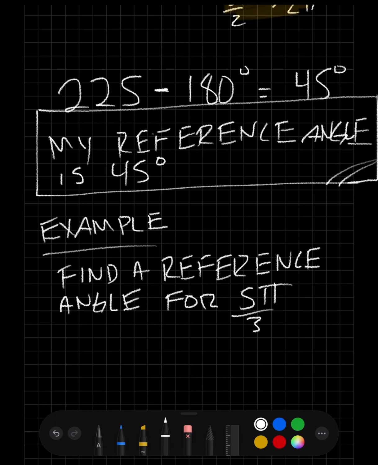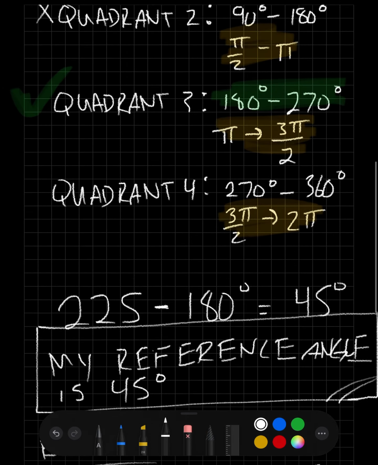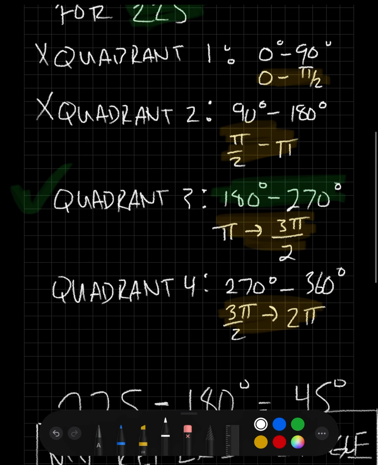So I'm going to look at my quadrant measurements here. Quadrant 1, quadrant 2, quadrant 3, and quadrant 4. I have these different endpoints. Between 0 and pi over 2 is quadrant 1. Between pi over 2 and pi is quadrant 2. Between pi and 3 pi over 2 is quadrant 3. And between 3 pi over 2 and 2 pi is quadrant 4.